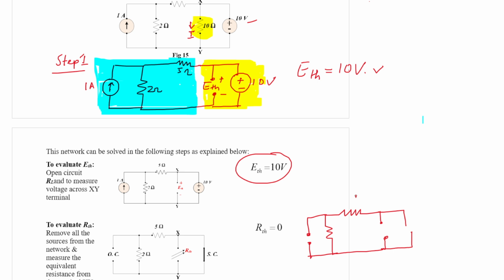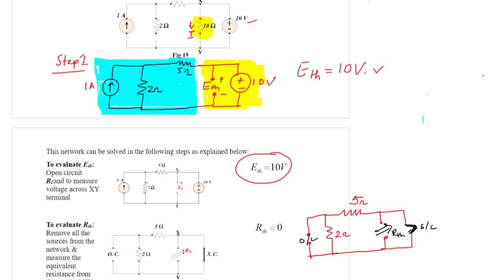So this is 5 ohm, this is 2 ohm, and from here we will measure RTH. Now this should be short circuited because this was a voltage source, and the current source is open circuited.